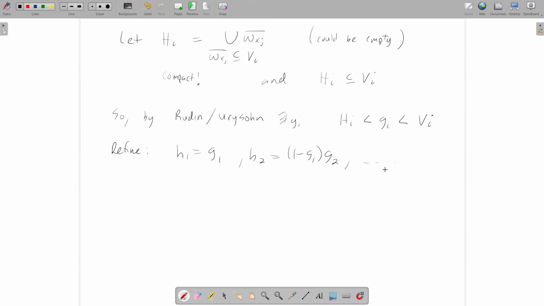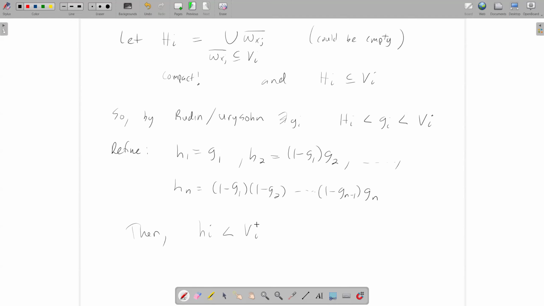And we keep going like that until we get to hn, which is equal to 1 minus g1 times 1 minus g2, all the way out to 1 minus g(n-1) times gn. It might not be obvious why you would do this, but you can do it, and then it follows that hi is less than Vi.